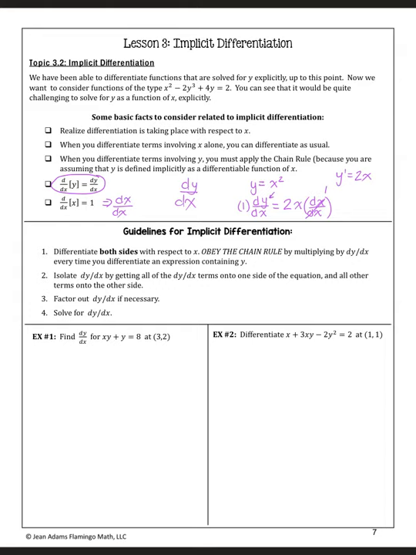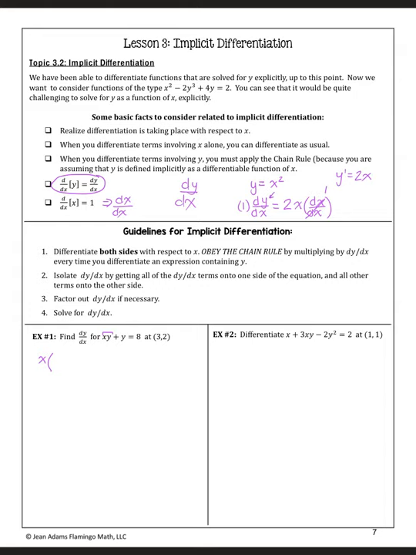Let's see this put into place. In example 1, I need to find dy dx, which means I need to differentiate. Those two values are multiplied, because it's x and y, so we have to do the product rule: the first times the derivative of the second.